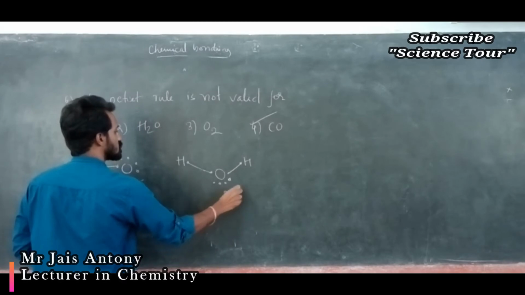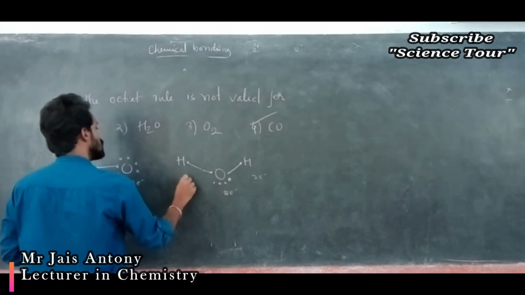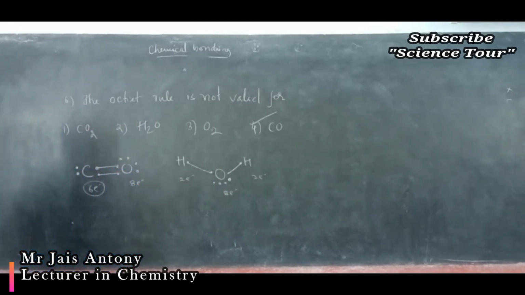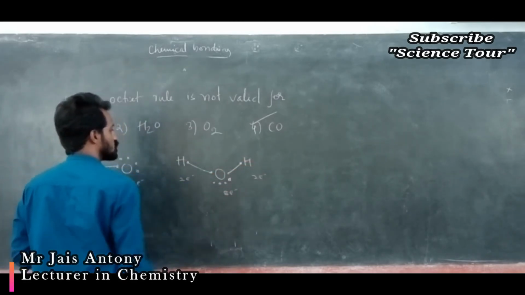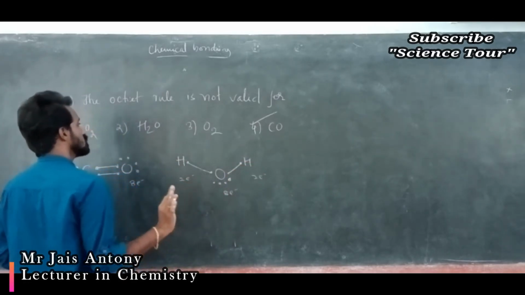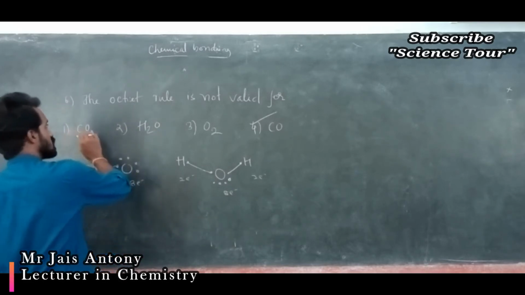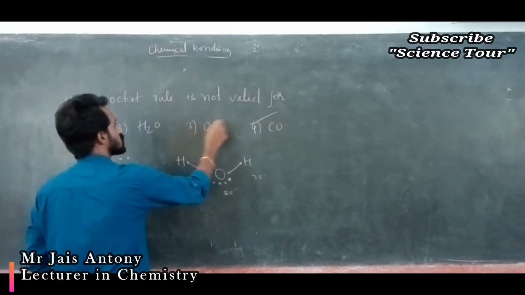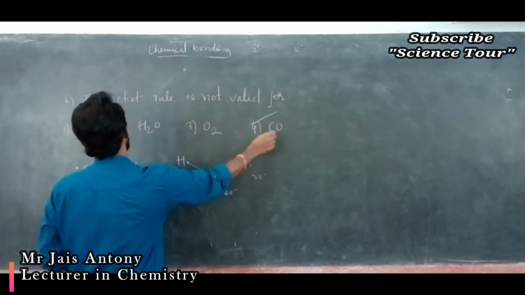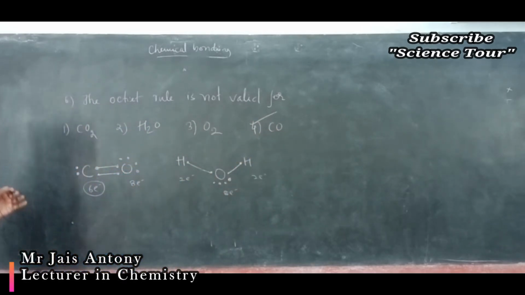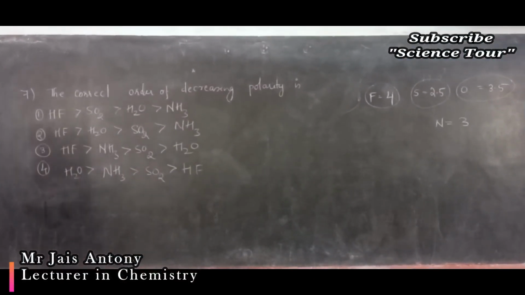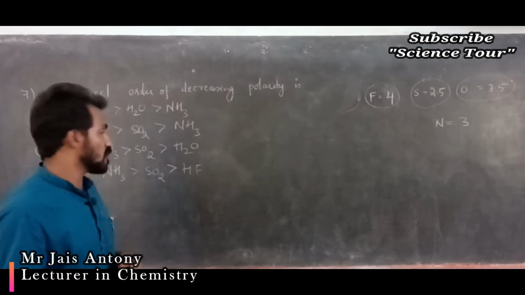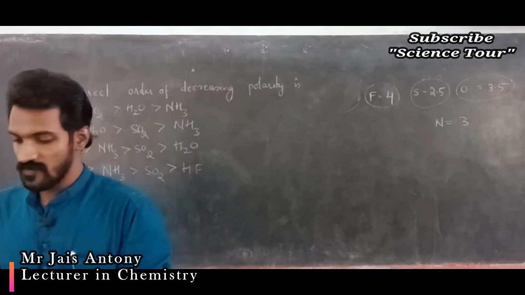This is 8 electrons. Here 2 electrons, here 2 electrons, so this satisfies the duplet. Hydrogen duplet. This one is octet, satisfied. So in all these cases, these three satisfy the octet rule, but carbon monoxide is not valid for the octet rule because carbon has 6 electrons.